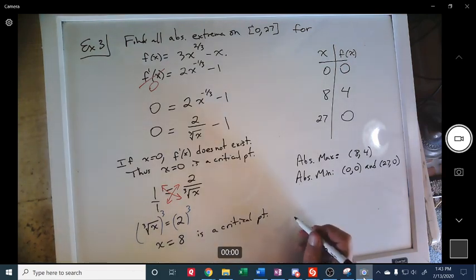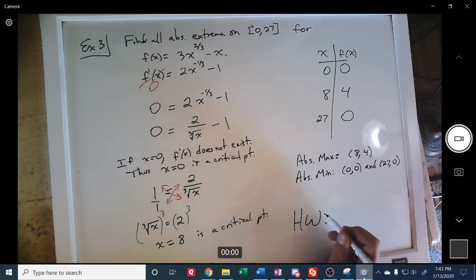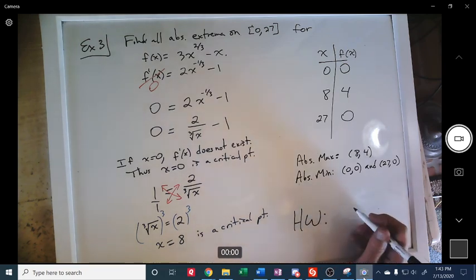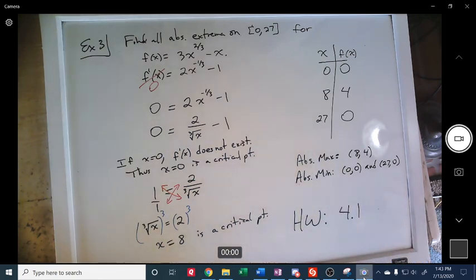All right, so the homework is 4.1. The end of this week is going to be exam number 3. And if you look on our schedule, you will see that exam covers 1.3 and all that we did in chapter 3, 3.1 through 3.9.